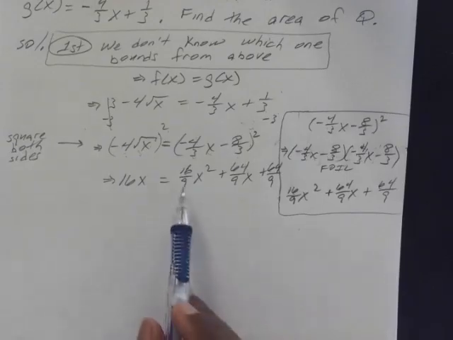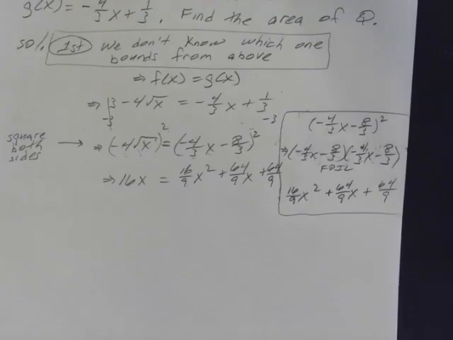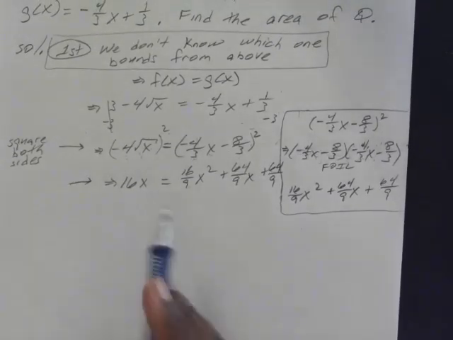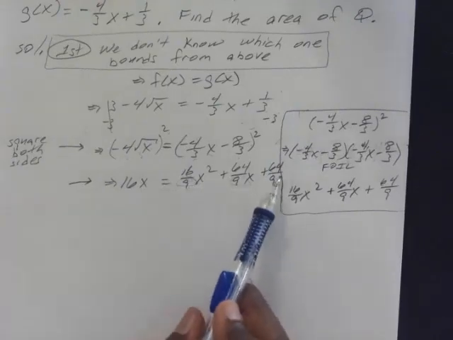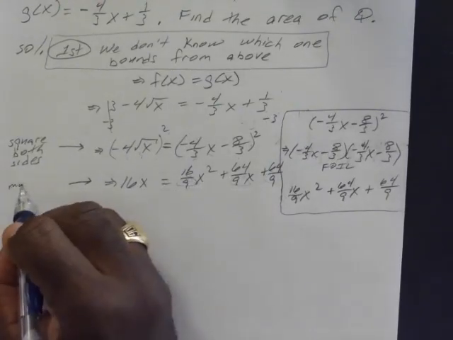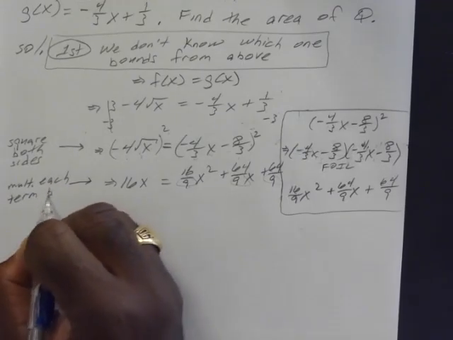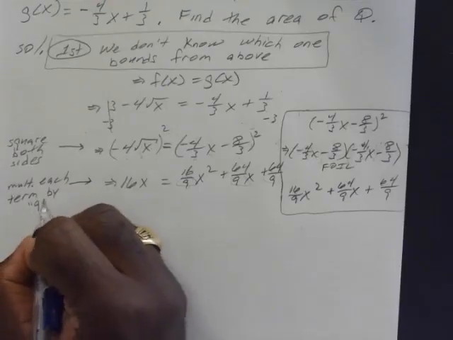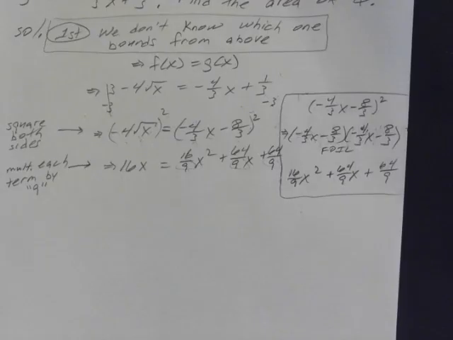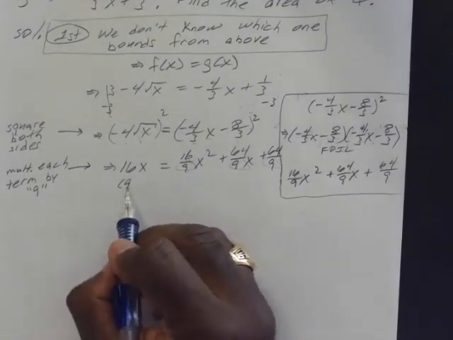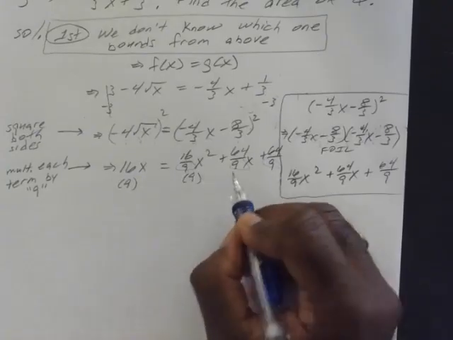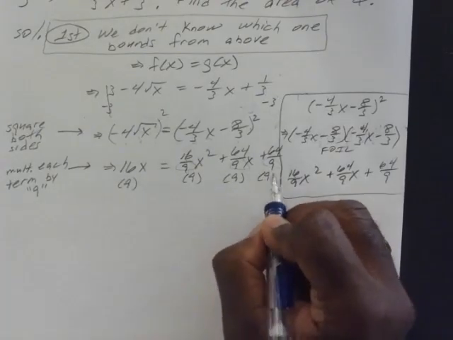So again, first thing we want to do, get rid of the fractions. They just complicate problems even more. So we're going to multiply each term by the least common denominator, which is 9. So instead of rewriting it, we're just going to multiply this one by 9, this one by 9, this one by 9, and this one by 9.